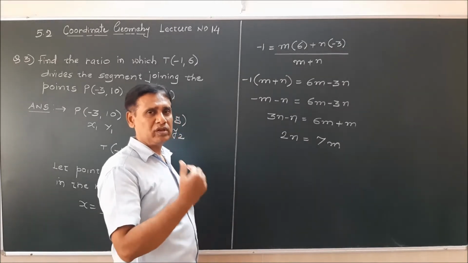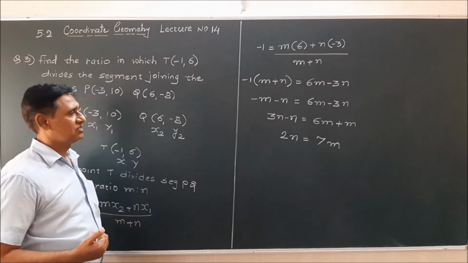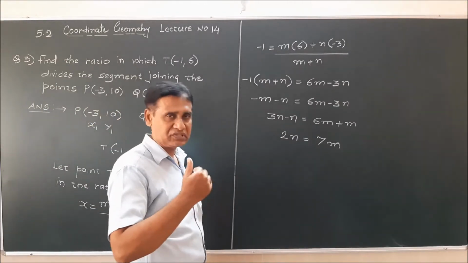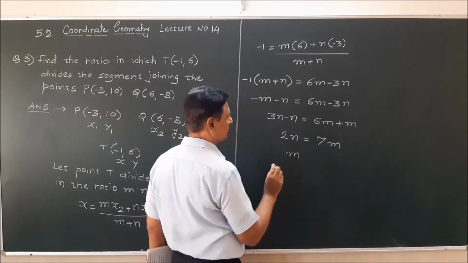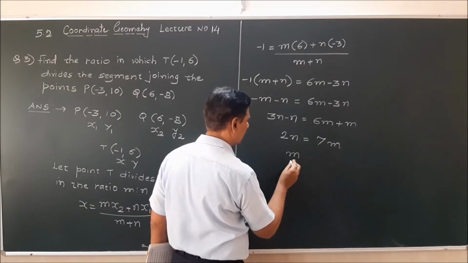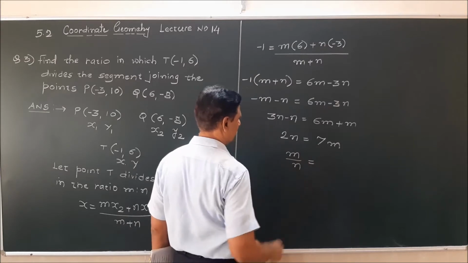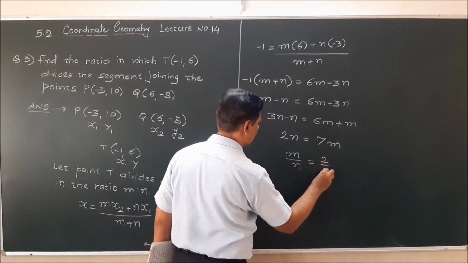Now what we have to find out? The ratio in which point T divides. That means we have to find out the ratio of m is to n. So I write here m upon n, that is equal to 2 upon 7.